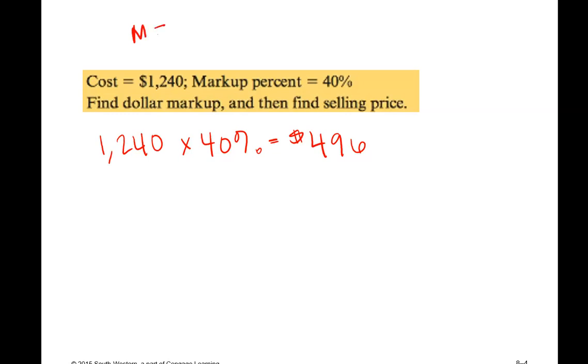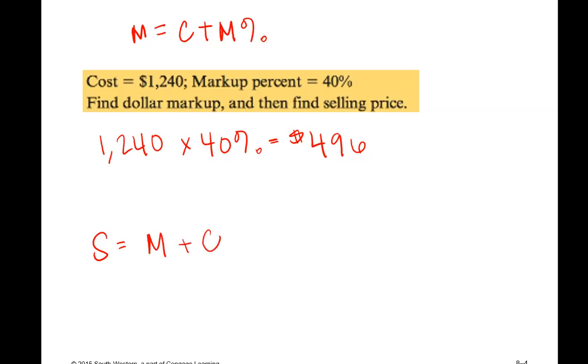Remember that formula to find your dollar markup: M is simply your markup percent times your cost. All we did was plug these values into this formula. To calculate your selling price, remember that formula is S equals your markup amount plus your cost.